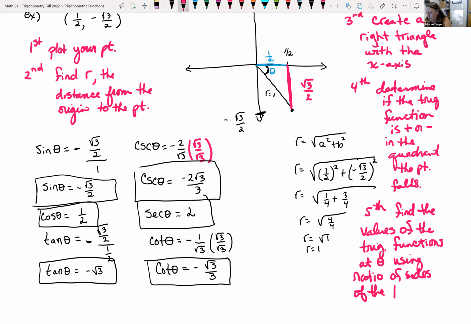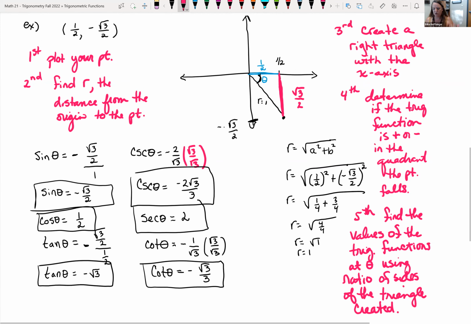Okay. So this is when our point is falling in a quadrant. If it doesn't fall in a quadrant, it's either falling on the x-axis or the y-axis. Recall that those angles that fell on the x-axis or the y-axis, we call those quadrantal angles.